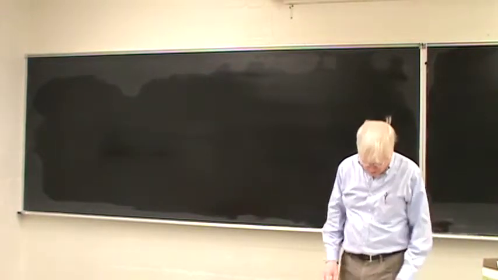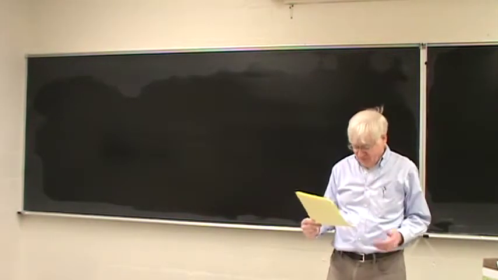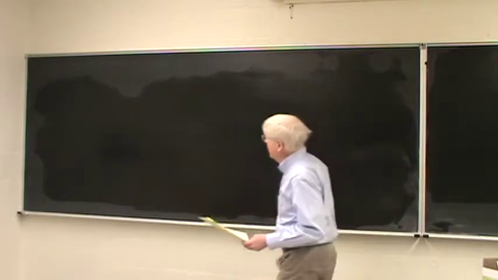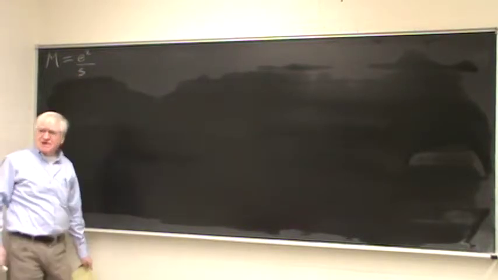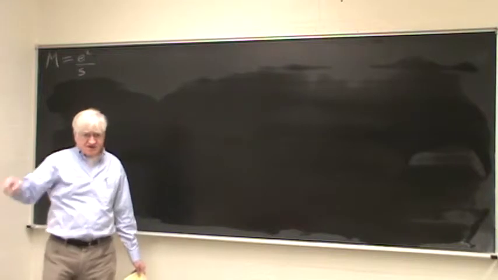Well, all right, so what are we going to do next? Let's take that formula and write down what the matrix element is. So in Schwarz's notation, this is e squared over s. Remember, s is p1 plus p2 squared, and that's what we had in this expression.